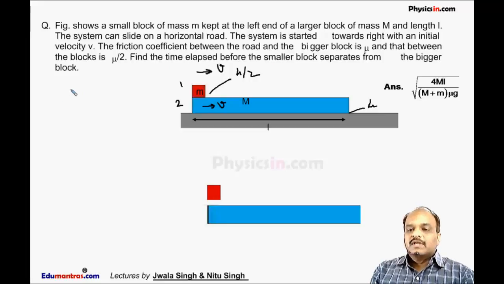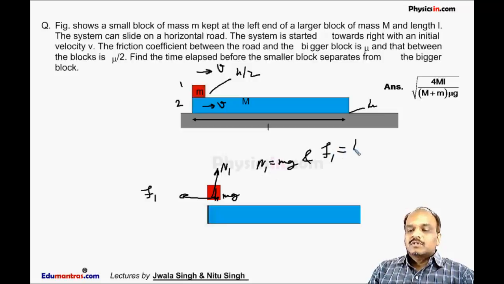So we'll draw the free body diagram of this smaller block. We know this smaller block will experience a friction force in backward direction. Let this be F1, and the normal reaction here is N1. The weight of this block is mg. So we can say N1 is equal to mg, and F1 is equal to mu by 2 times mg. In the same way, for the bigger block, the weight of the bigger block is acting downward.